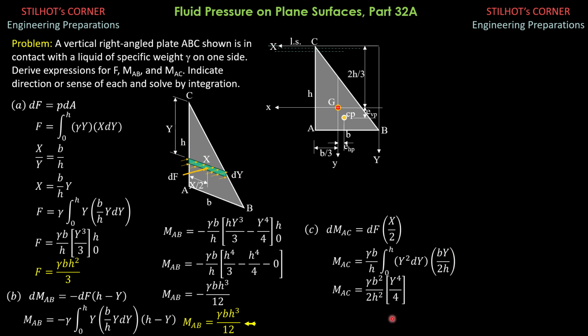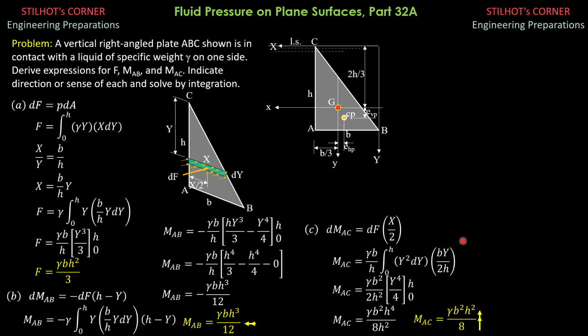So gamma b square over 2h square, y to the fourth over 4, 0 to h. So that would be gamma b square h to the fourth over 8h square, or gamma b square h square over 8. And it is in that direction. This is supposed to be negative, but because the direction of the right thumb is indicated here, just treat that as positive.